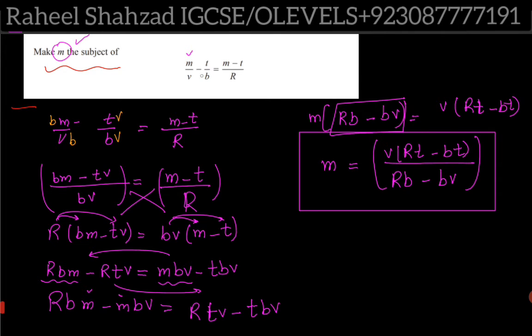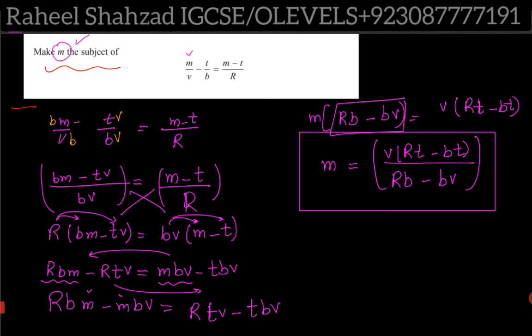First of all, on the left hand side we have to add or subtract two fractions, and I hope you remember, when we add or subtract two fractions we have to make denominators equal first of all. So it's vb and bv, so we multiply accordingly, making bv the denominator, and bm minus tv equals m minus t over r. Cross multiply, r times bm minus tv is equal to bv into m minus t, and it's rbm minus rtv is equal to mbv minus tbv.